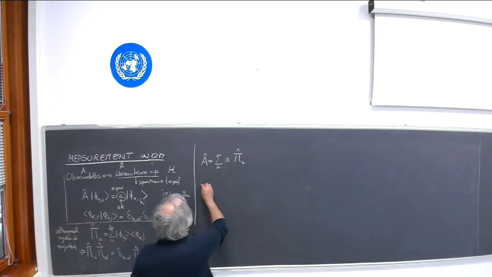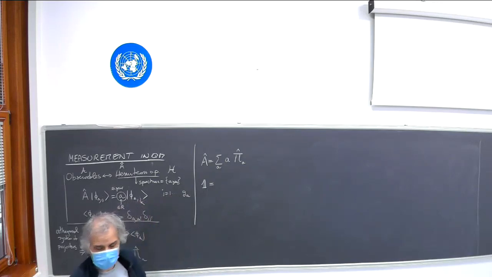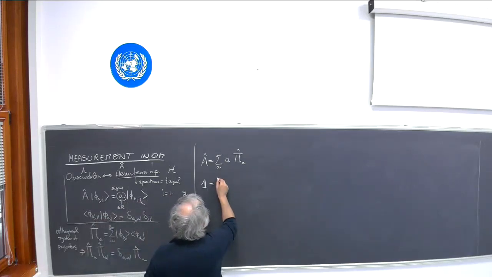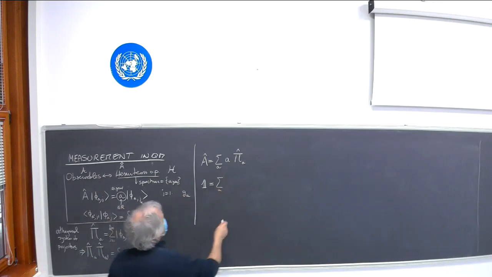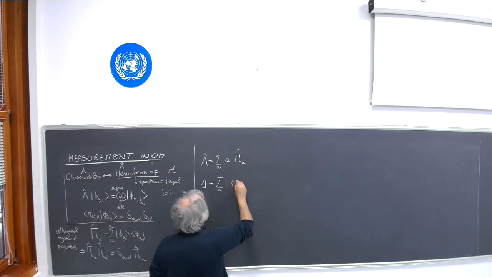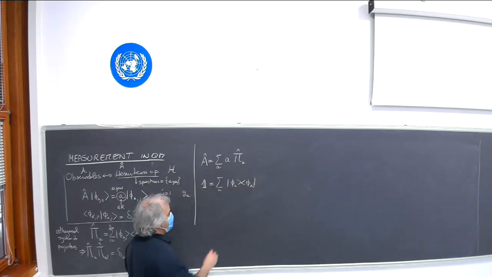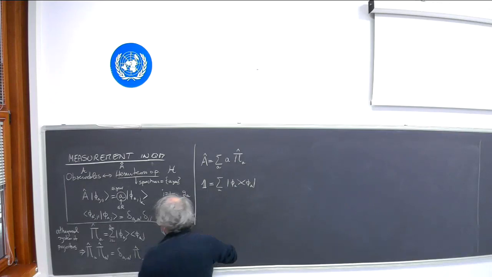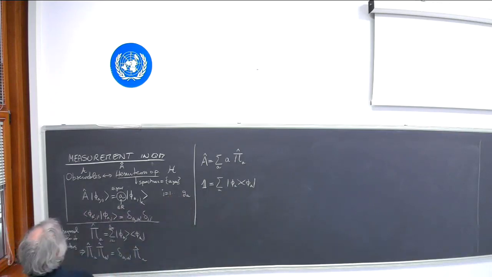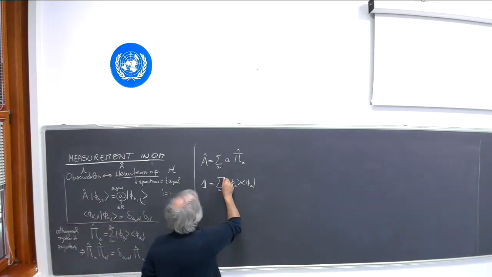But first of all, the identity, you remember completeness, right? The identity would be the sum over A. And if there was only one, I would write this. But now we have to remember that there are many, okay? So let me just write the corresponding generalization.